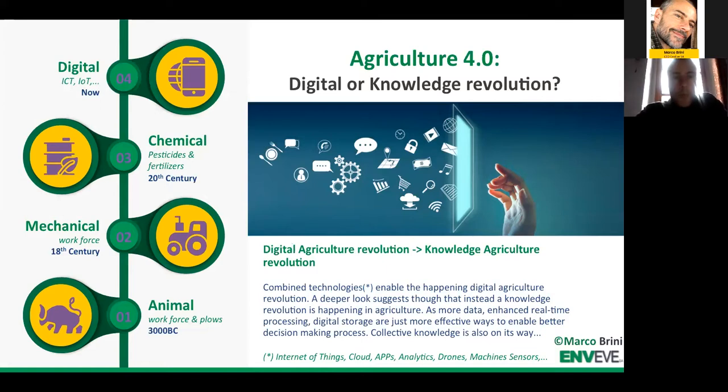If we look at it in perspective, we are now in a phase that has been branded as agriculture 4.0. That is duplicating industry 4.0, but if we put it in the perspective of agriculture, it's quite interesting. It's using digital to enable a knowledge revolution in agriculture, because at the end, digital is just like a language.